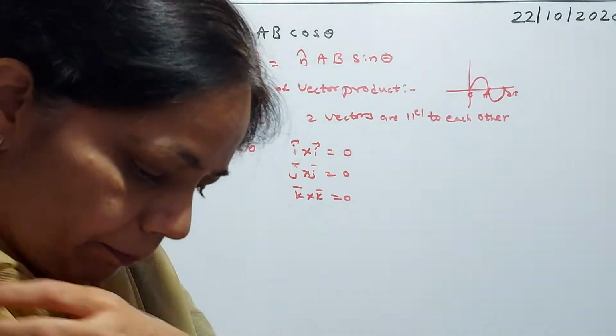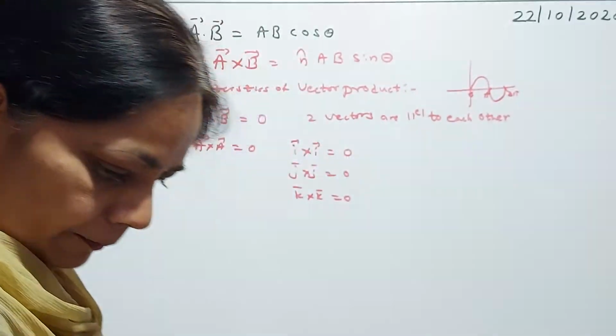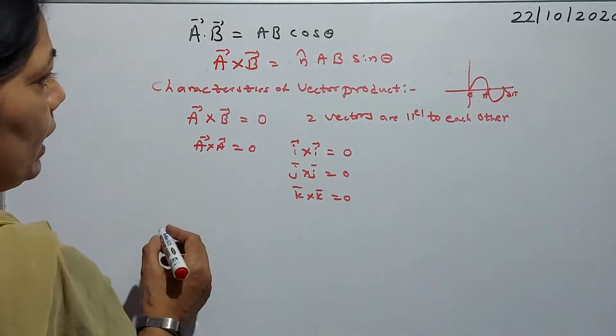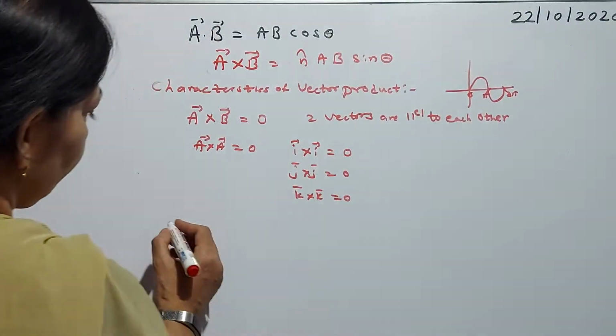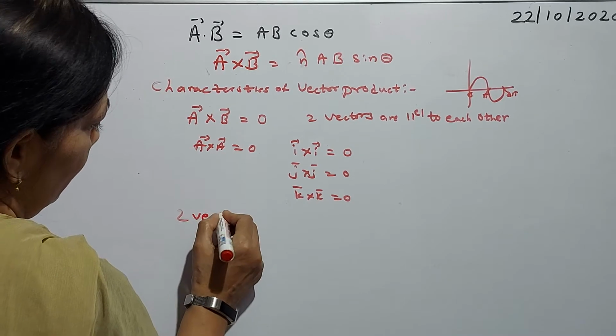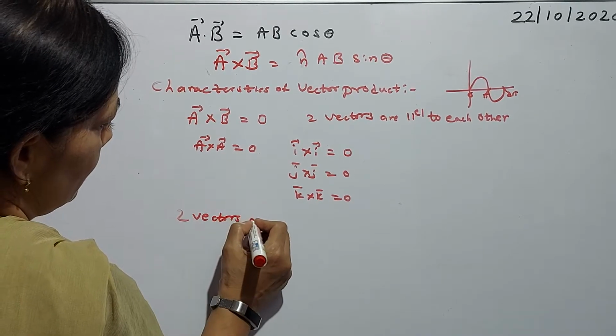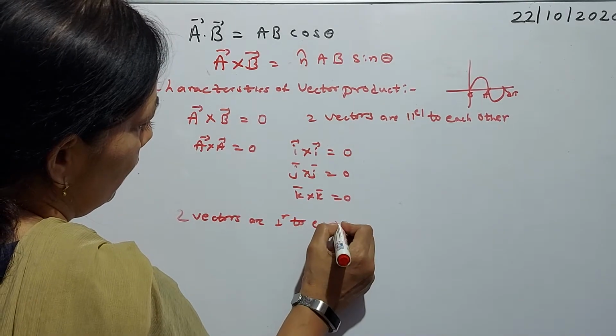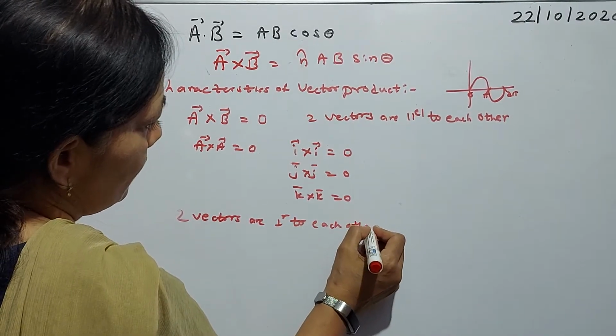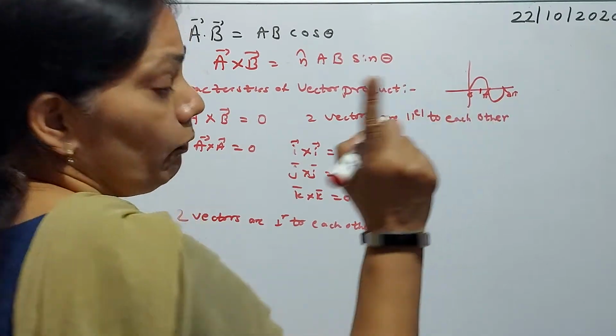But at the same time, if I say that the two vectors are perpendicular to each other, correct? When the two vectors are perpendicular to each other, which means 90 degrees. What is sine 90? It will be 1, correct?